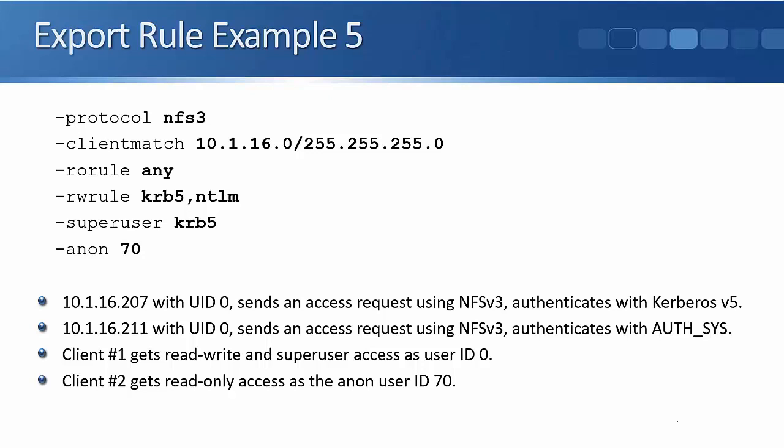It could maybe still get read-only and superuser access though, but superuser is set to security type Kerberos 5. It didn't use Kerberos 5, it used sys, so it's not going to get superuser access and it's going to get squashed down to the anonymous user ID. So the final effective permissions for client 2 are read-only access as the anonymous user ID 70.